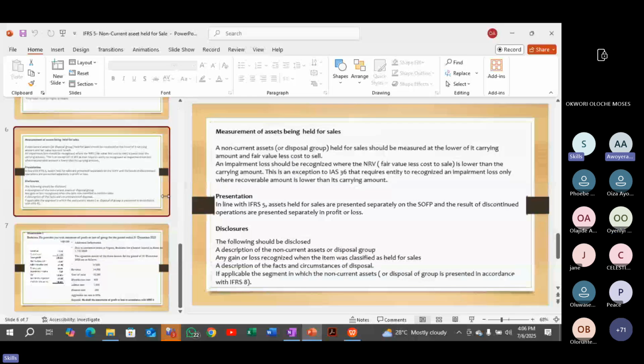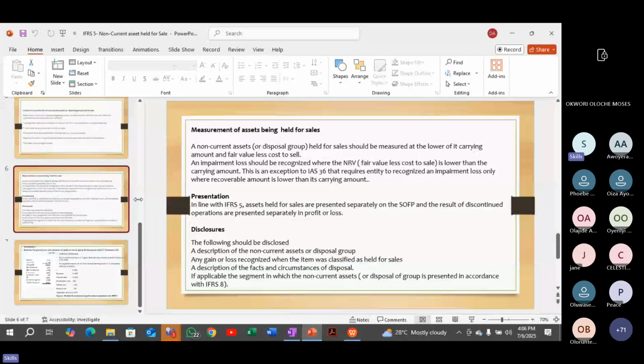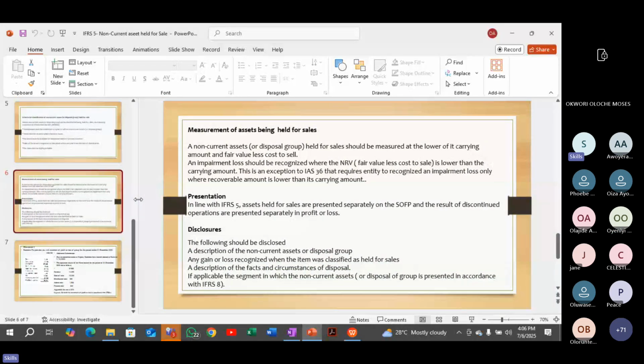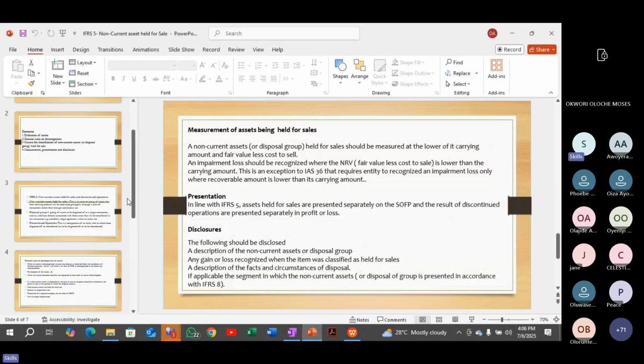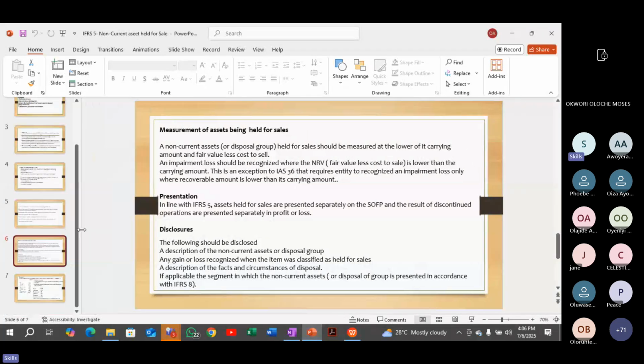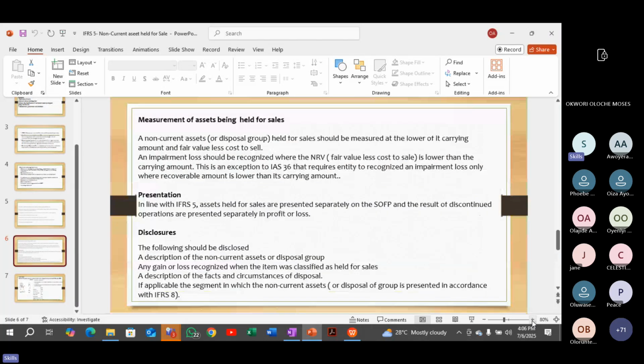Maybe you want to say my screen is not bold. Okay, let me bold it. Don't worry. I think it's bolder now. Is it okay now? You can all see it clearly now. Yes, it's better now, sir.